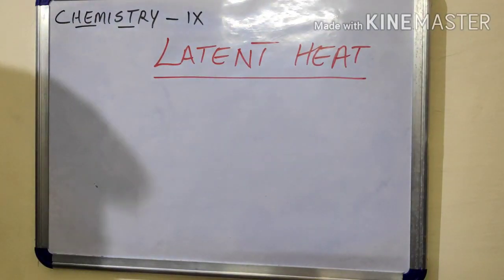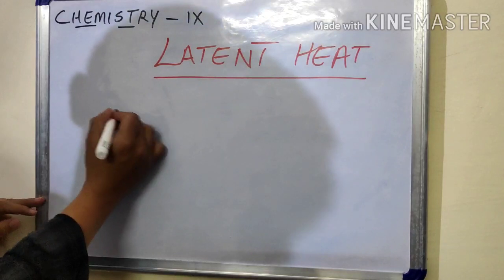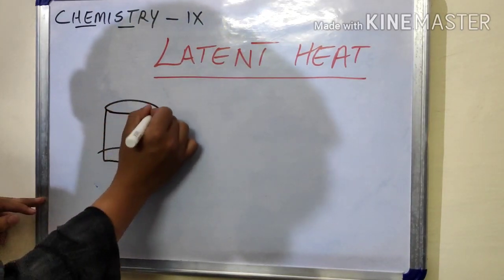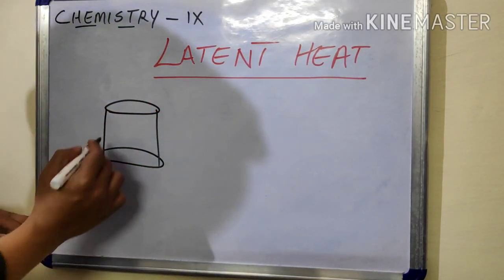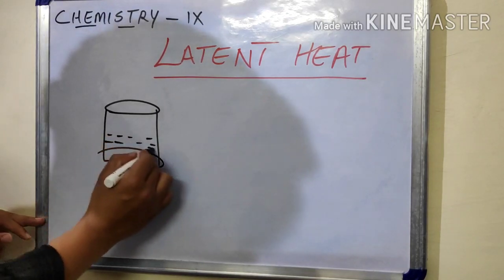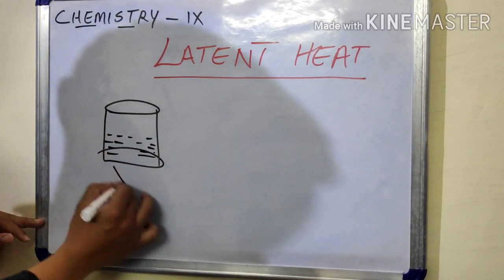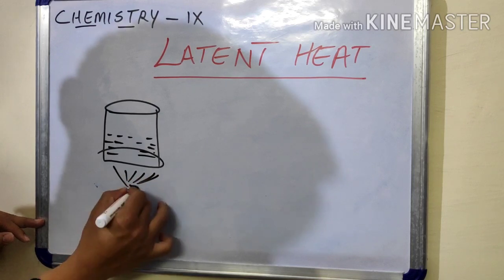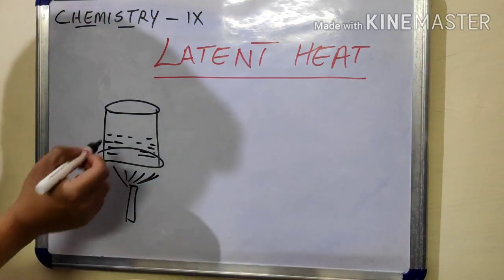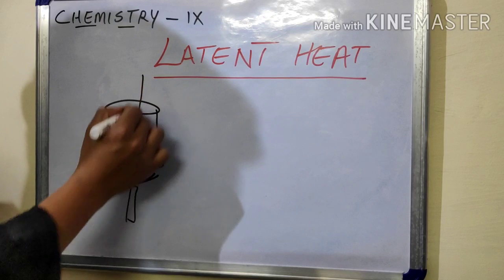Now what is latent heat? To understand that, I'll demonstrate an activity. Suppose you have taken water in a beaker, placed it over a tripod stand and you are heating it. When you are heating it, you put a thermometer inside.